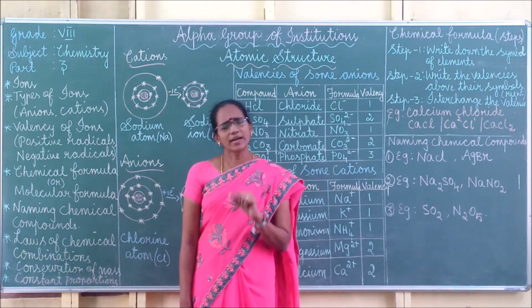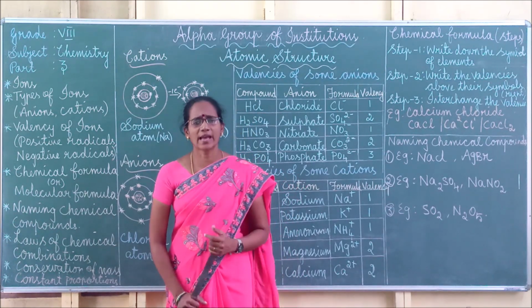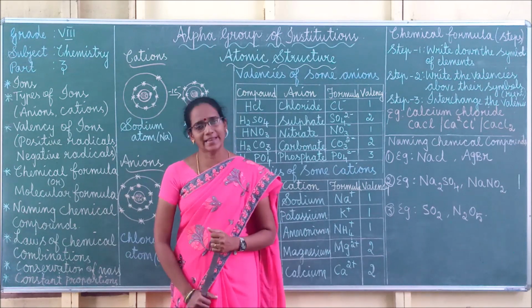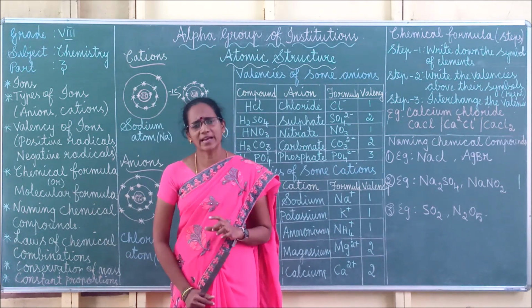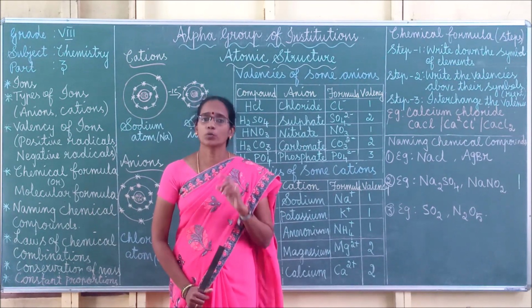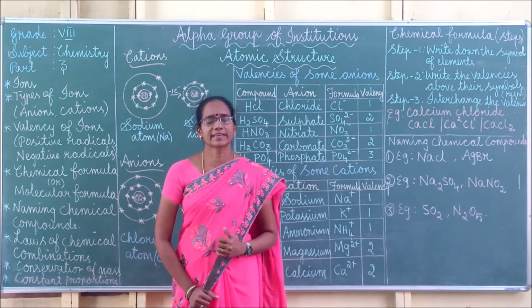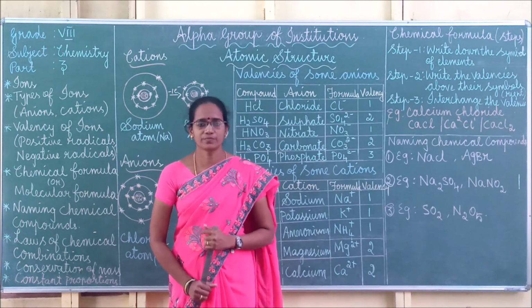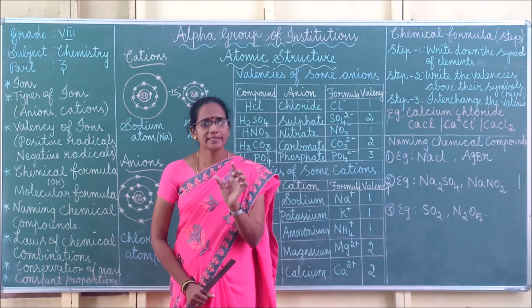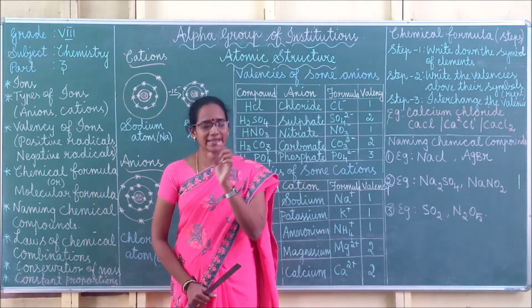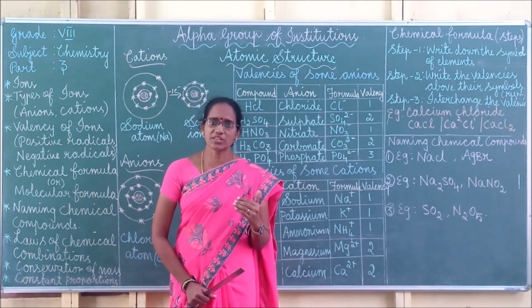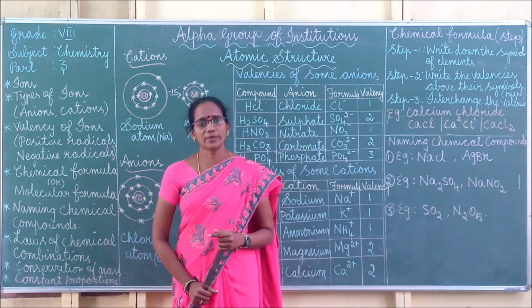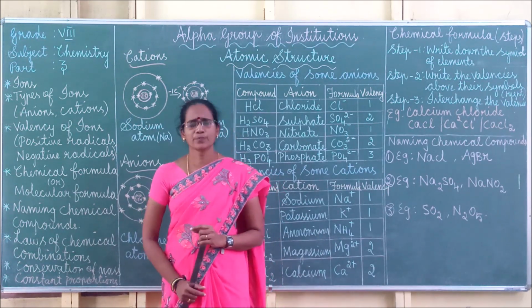At the same time, if an atom loses an electron, it has more protons, hence it carries a positive charge, right children? Gaining an electron means negative charge, losing an electron means positive charge.